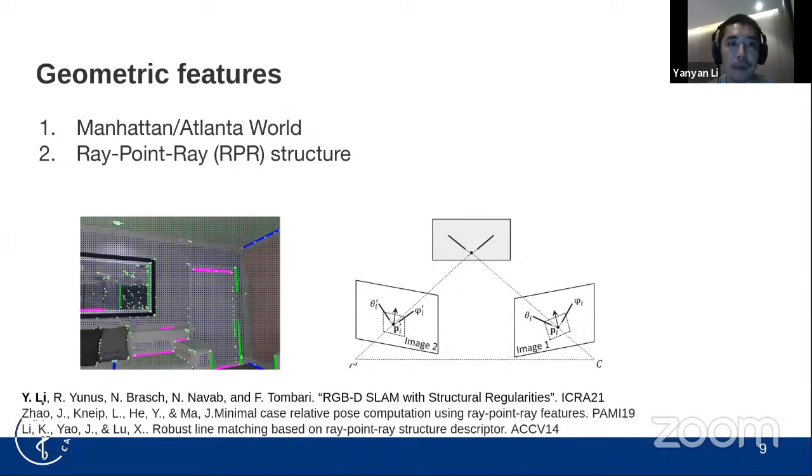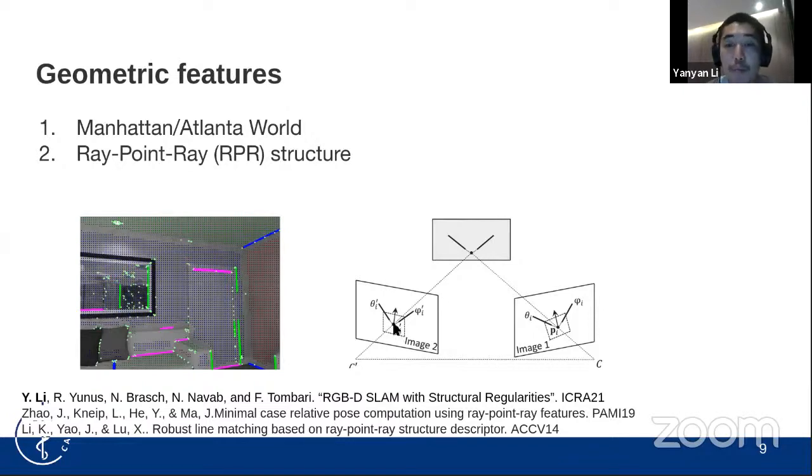And then for this IPR feature, it also is very interesting. And you can see the right figure. If you detect two lines, then instead of describing those lines directly, you try to compute the cross point between those two lines, and here you try to describe this point.